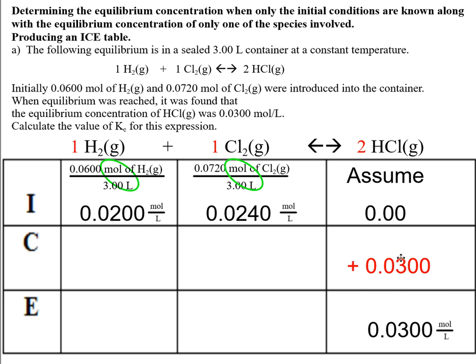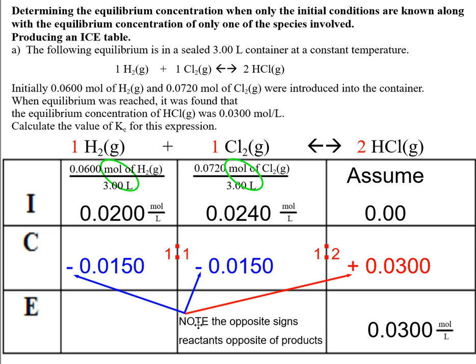And remember that once I have a change, I now can use my molar coefficients from the molar ratios to calculate the rest of my change boxes to fill them in. Again, this is 2 to 1, which means that this box will have half of this box. Note that the sign for reactants is opposite of the products.